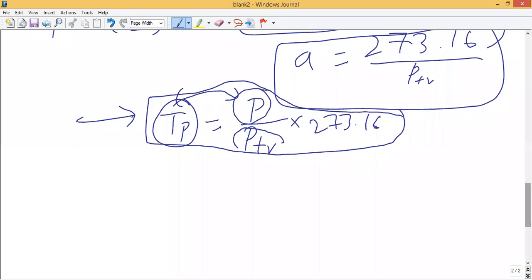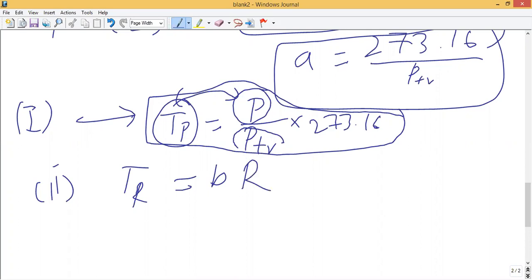Okay, and for the second type, now you can write also for the second type. This was for the first type. For the second type, you can write that PR equal to B, okay, and R. So for this you can also put like that.